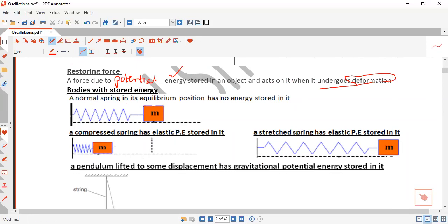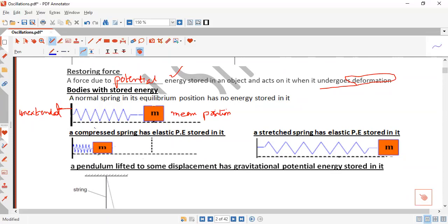Body with stored energy. Like if let's say this is the mean position of the spring, then is there any elastic potential energy stored in the spring right now or not when it is unstretched? No. Would there be any energy stored if it is unextended? Unstretched, yeah, unextended, then there will not be any, right?